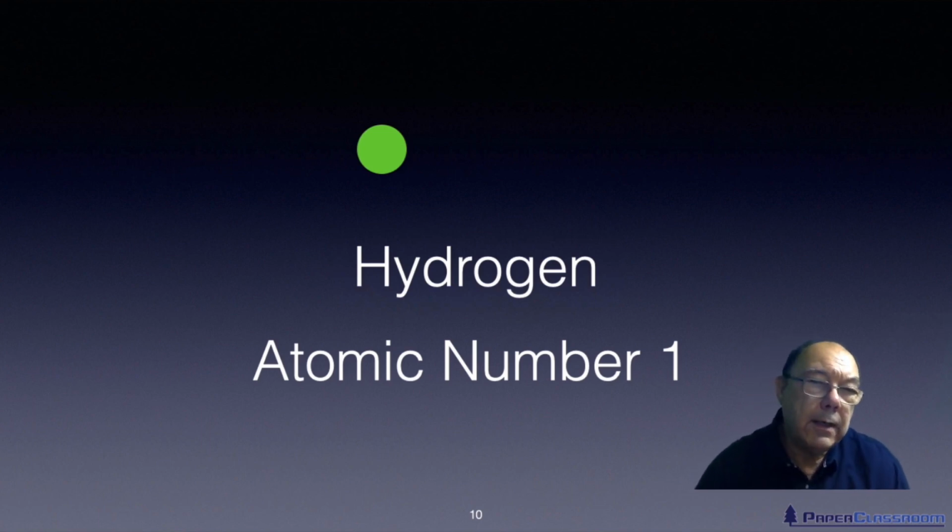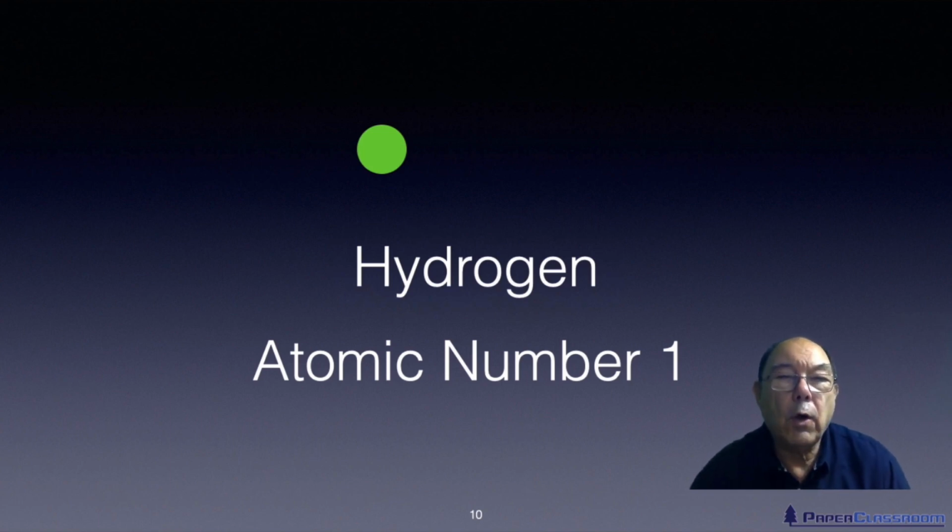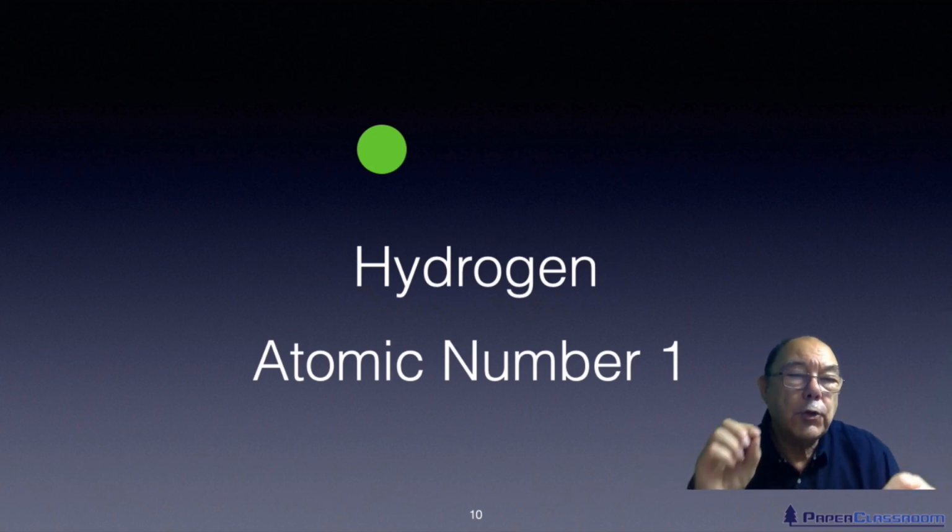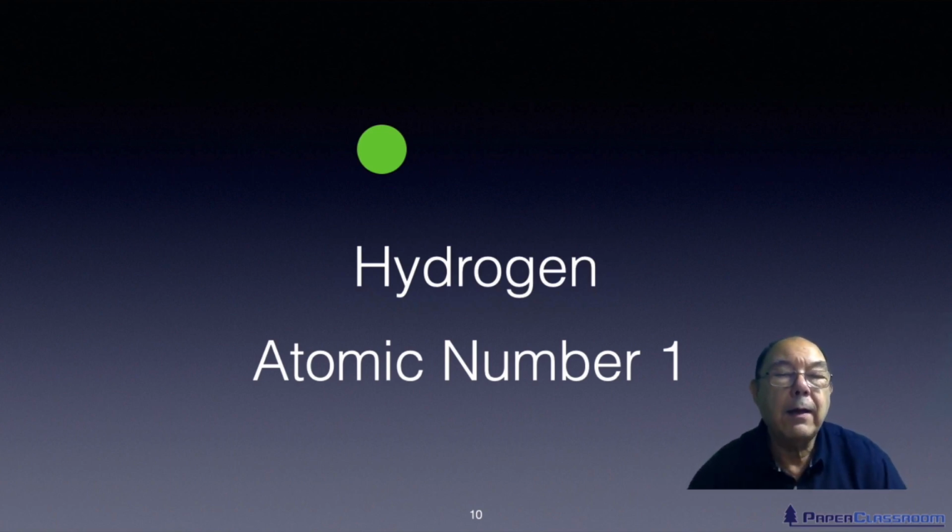In the previous video, we talked about why neutrons were there. If you have two protons, they would want to push each other apart, so there must be something there that prevents that. That's why people came up with the idea of the neutron. With hydrogen, there's only one proton, there's nothing to push against, so we don't need any neutrons. So hydrogen has an atomic number of 1 for one proton and an atomic mass of 1 because there's only one proton.